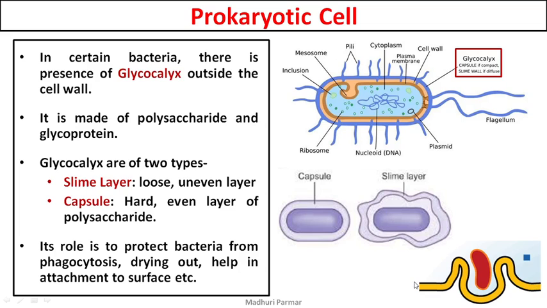Okay, so your WBC will not be able to catch these bacteria because they are very slimy. Okay, they will just slip away. So that is one role. It is for protection against phagocytosis. Then second role is it protects against dehydration. It does not allow this bacteria to dry out. Okay. Then third is it helps in attaching to a surface.